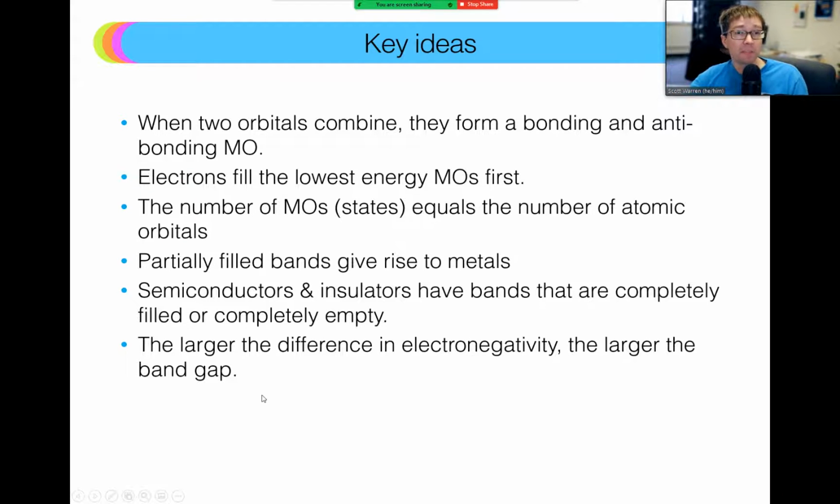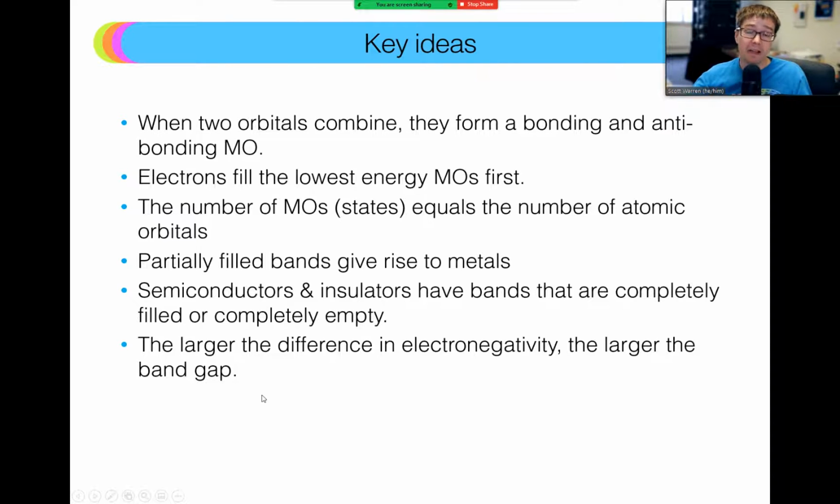We've seen the principle that the number of molecular orbitals, or states, equals the number of atomic orbitals used to build that system. We saw that specifically in the case of hydrogen, where we had H2 that had a bonding and an anti-bonding MO. We had H3 that had 3 MOs. We did H4, which had 4 MOs.